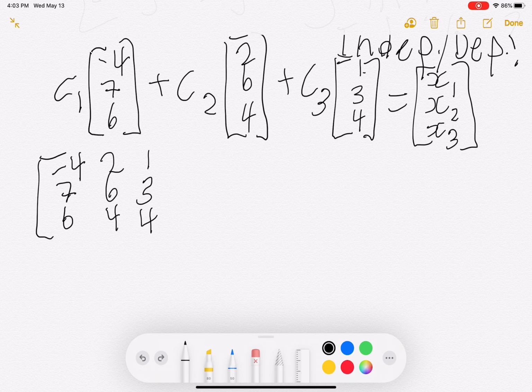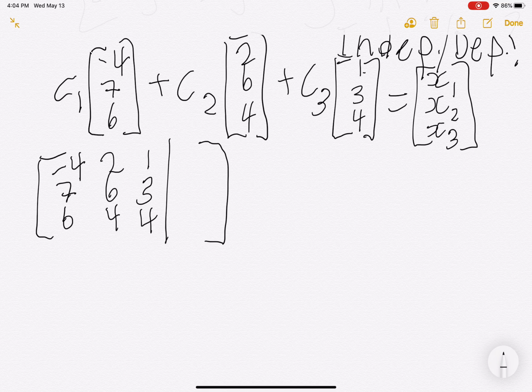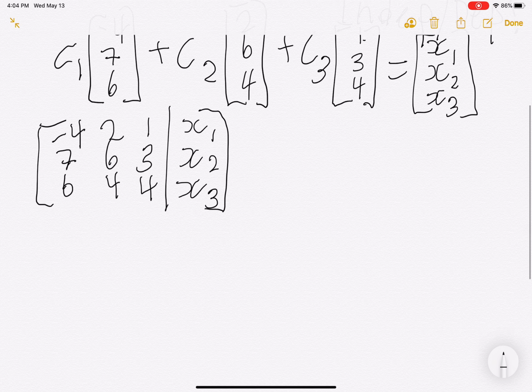This is an augmented matrix, right? We're making our augmented matrix. Here we have the values of x. So x1, x2, x3. This is where it can start getting confusing.